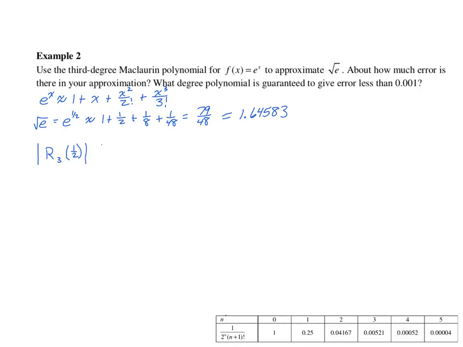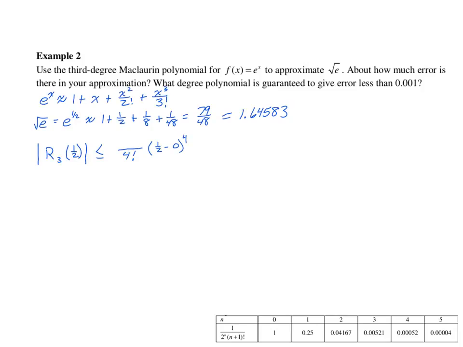And our remainder has to be less than or equal to the value over the denominator, which is going to be 4 factorial, because that's n plus 1 factorial. And we're going to have 1/2 minus the center, which is 0, raised to the 4th power.